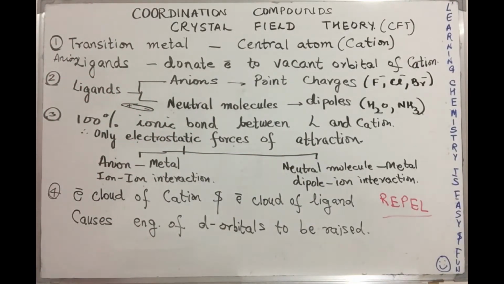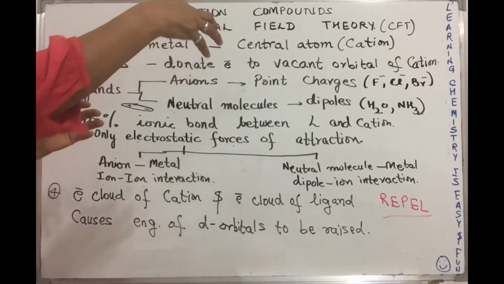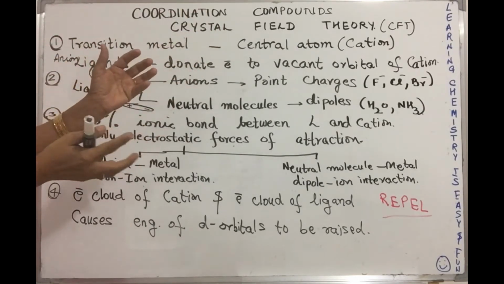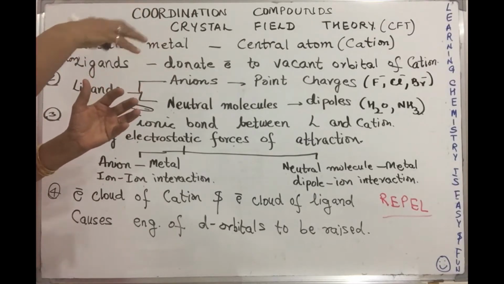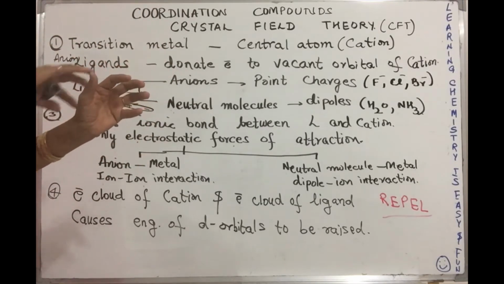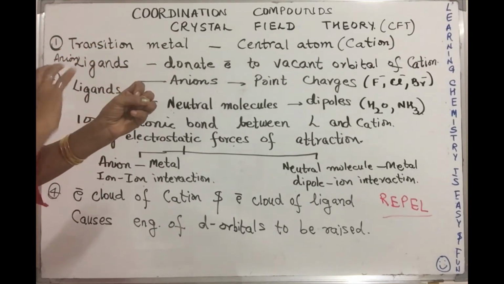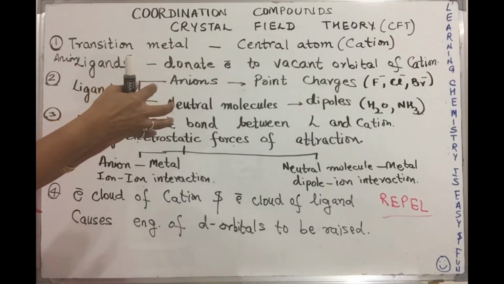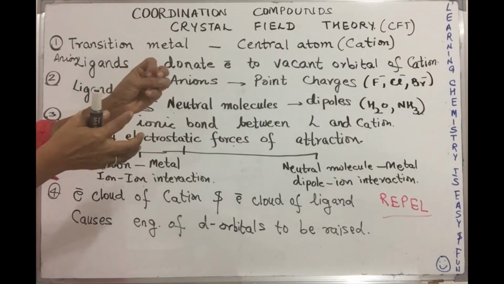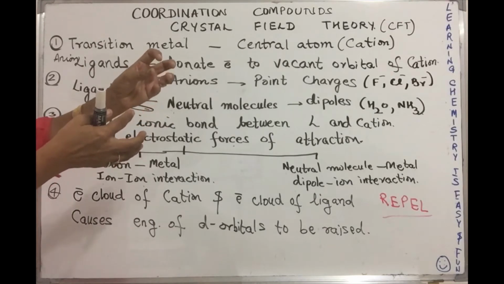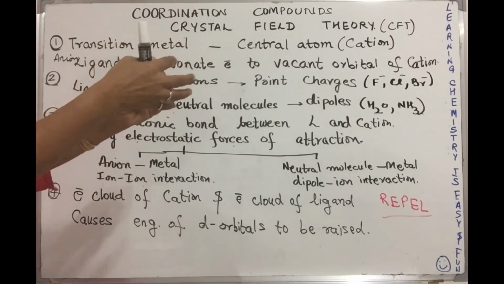Now, what the theory says is that when it has to form an ionic bond, the ligand will approach the metal atom, okay? And it's not just one ligand, there are a number of ligands approaching the central metal atom because they want to make friends, right? Now this central atom gets tense. Oh, who's coming? Who's coming in my way?